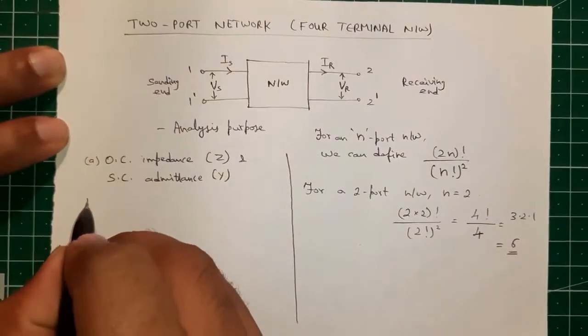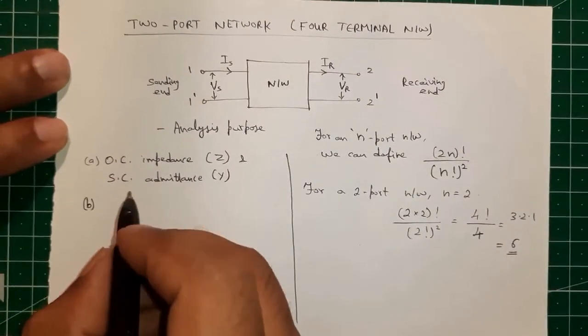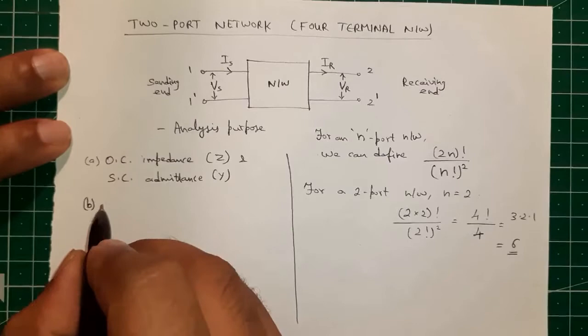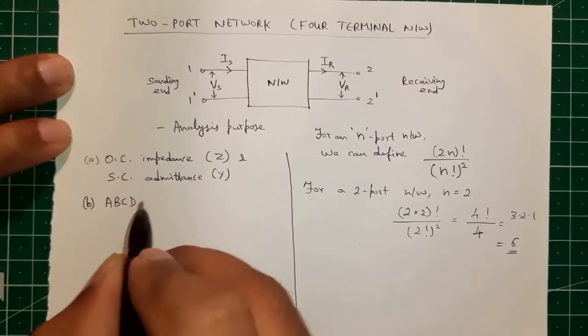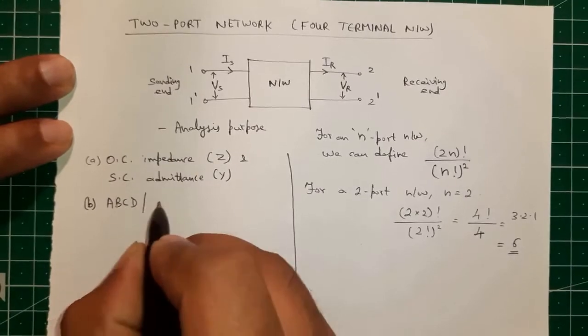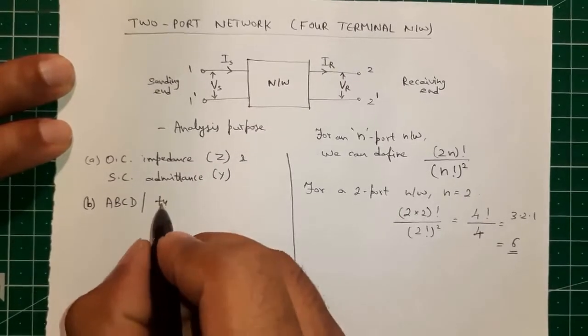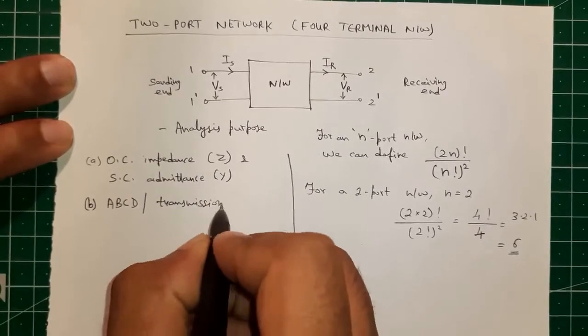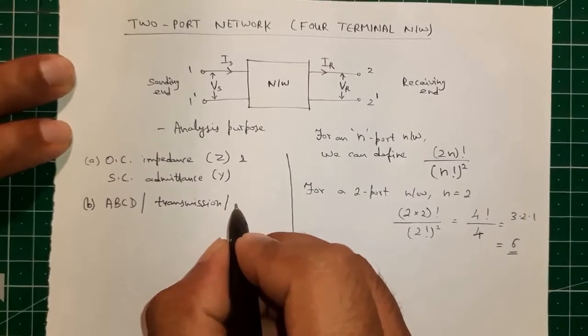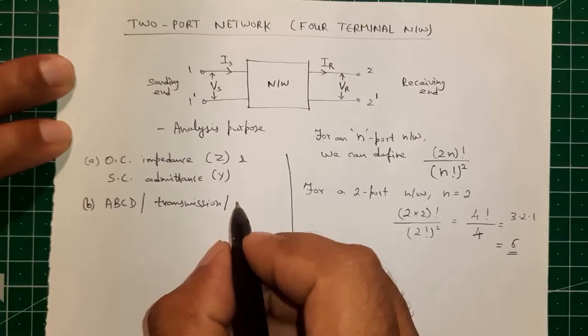Then we can have special parameters like ABCD parameters, another name is transmission line parameters, another name is chain parameters.